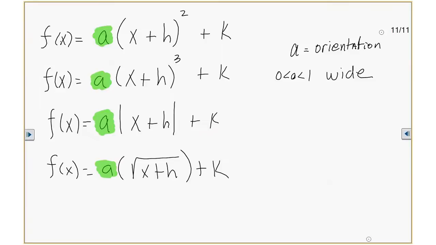wider than normal. What's normal? Turn back to your parent graphs. The parent graphs are normal where A is equal to 1. Okay? Parent graphs are what you're comparing to.